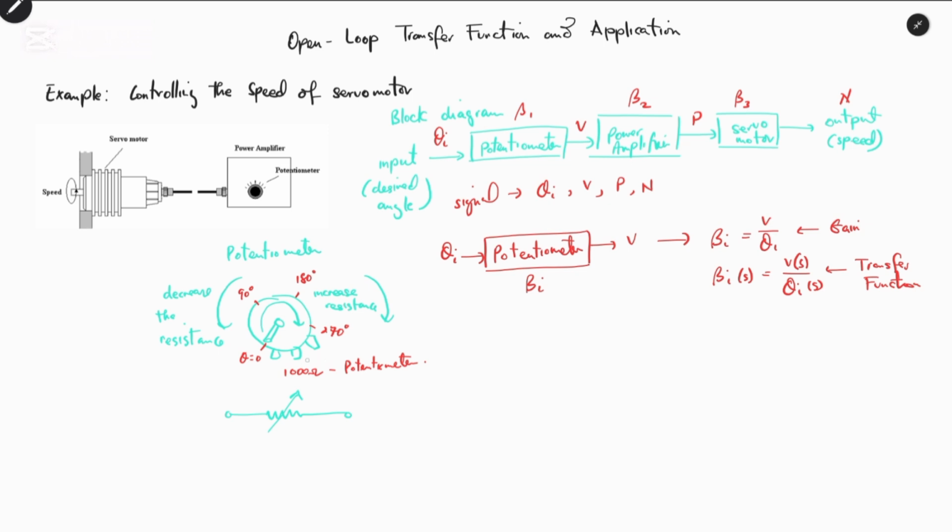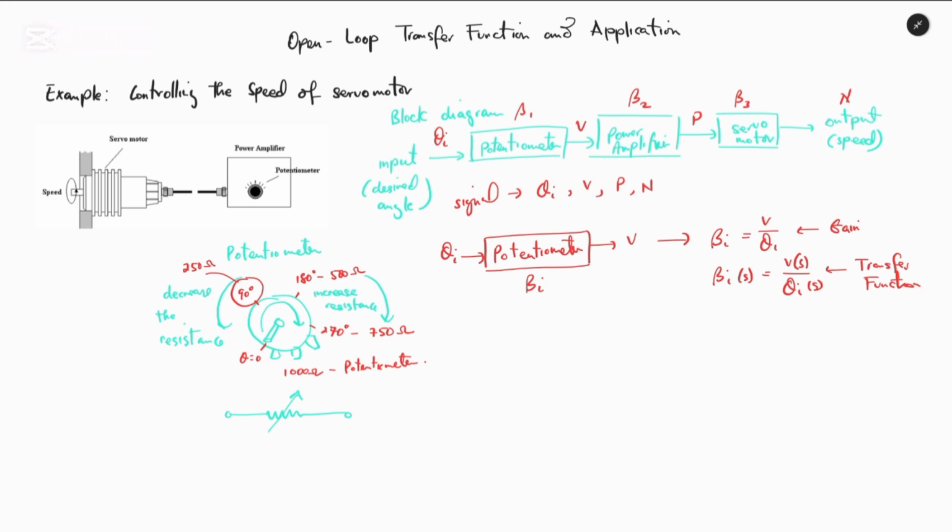If we divide by 4, 90 degrees corresponds to 250 ohms, 180 degrees to 500 ohms, 270 degrees to 750 ohms, and towards this side we have 1000 ohms when we fully rotate the knob.